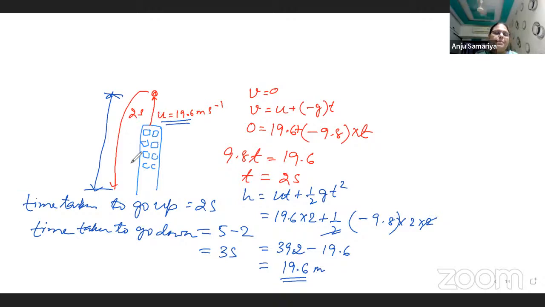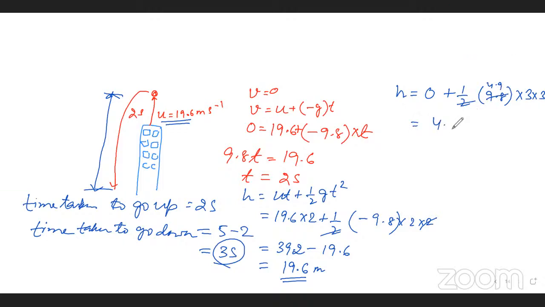Now, total time taken to come down is 3 seconds. So total height it went down is, again, we will do the same thing. U is 0 when it is coming down, plus half into 9.8 into 3 into 3.